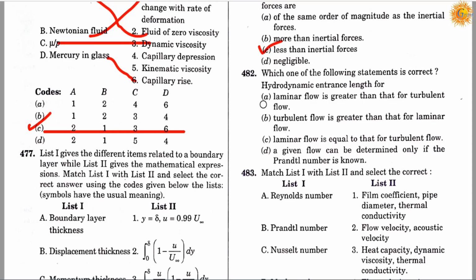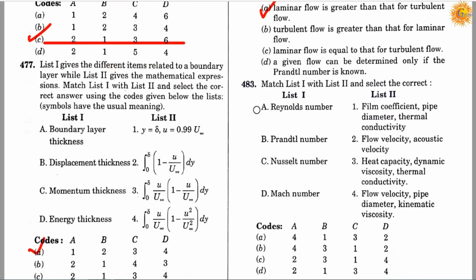So the correct answer is A, laminar flow is greater than that for turbulent flow.